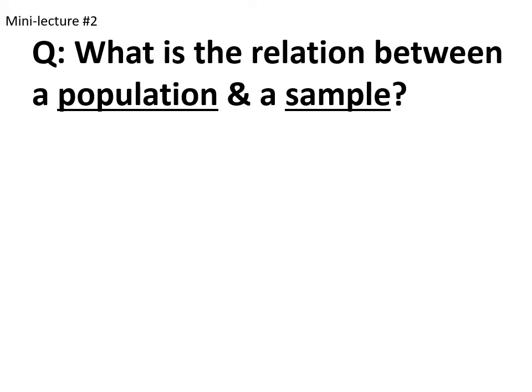So a sample of Niagara residents would be some collection of people less than 450,000 or thereabouts, right? It would not include everyone. It would just be a subset.